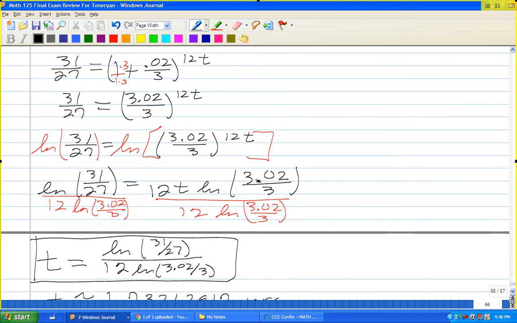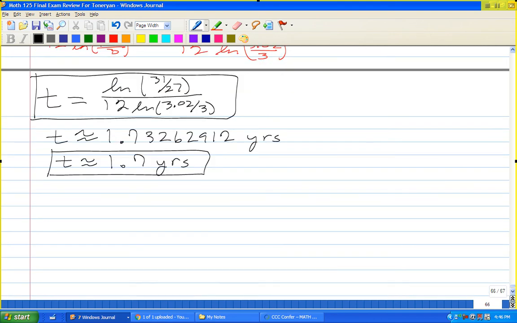So no classes tomorrow. Problem number 89. Find out how long it takes a $3,500 investment. So you start out with $3,500 to double.